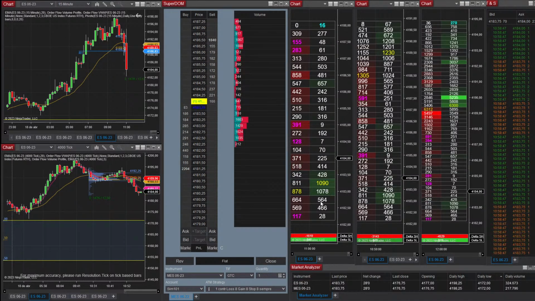This many times is a bearish signal. Let's see how buyers will behave. They're also absorbing sellers' activity. Let's see.